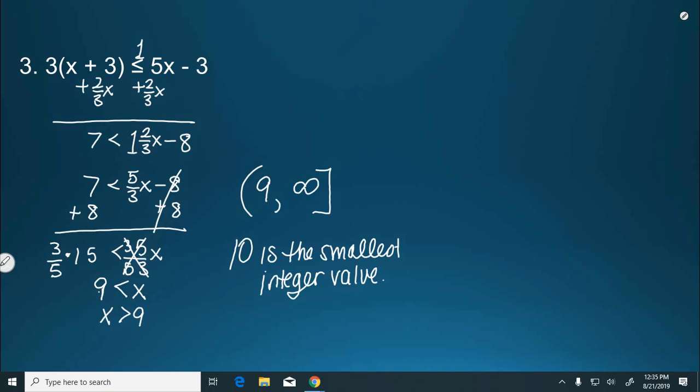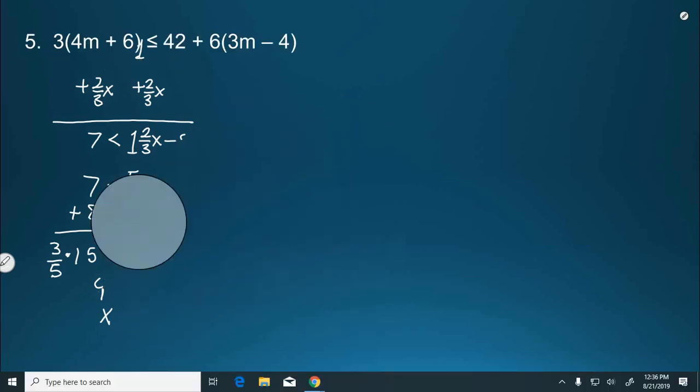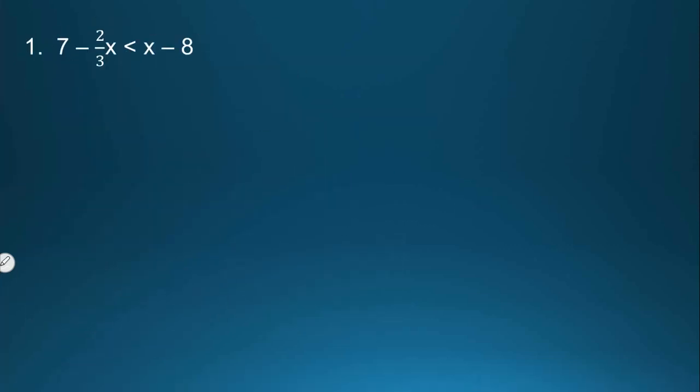So that is something that often shows up, and you have to make sure you actually answer the question. If, say, this was a Regents question and I just left it as x is greater than 9, I wouldn't get it correct because they wanted to know the smallest possible integer solution. And in this case, it is 10 because 10 is the next number greater than 9. All right, next one.